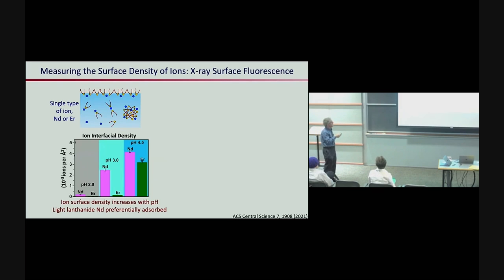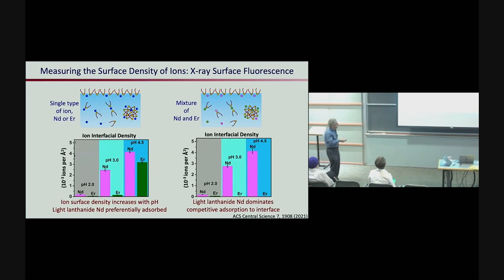But anyway, I still had the idea that things that go to this surface in the water vapor situation would be more likely to be extracted when you had an organic phase. Even a little more surprising is that when you had these two ions compete with each other, so you had them both in the solution at the same time, the neodymium wins hands down. The erbium is completely excluded from the surface.